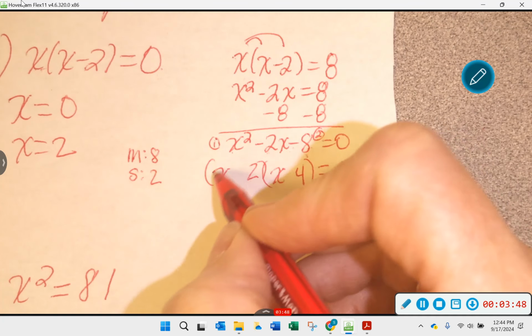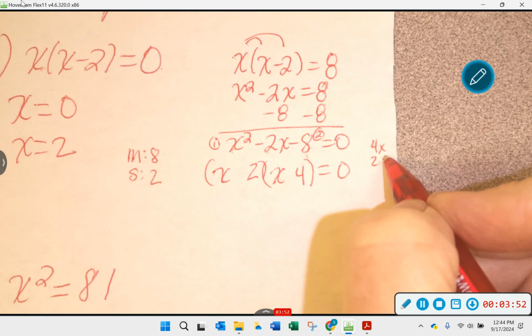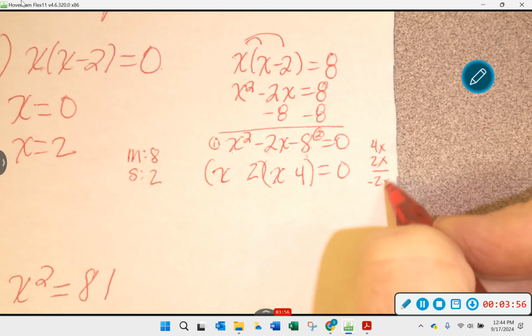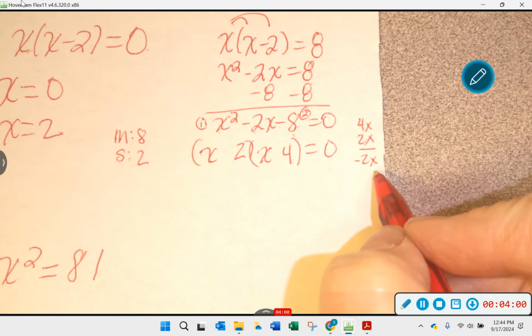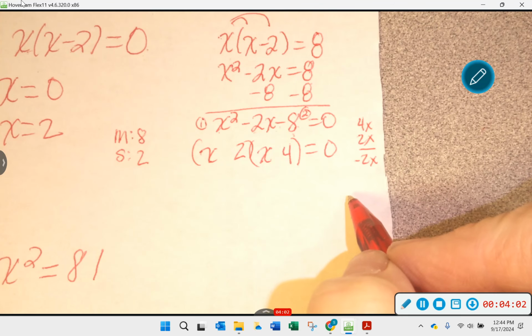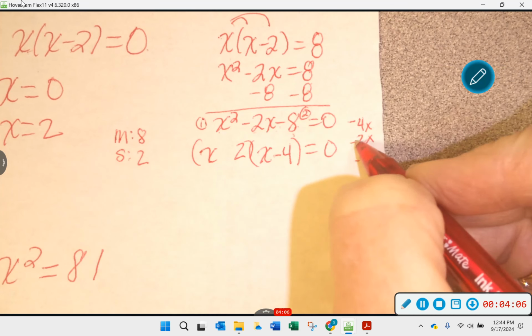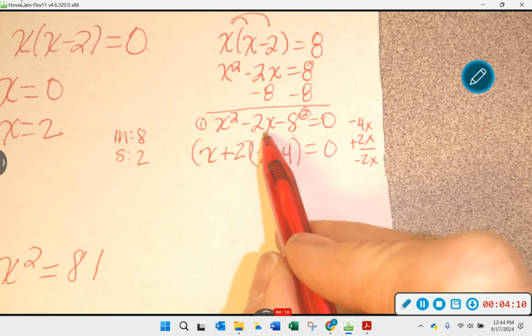And in fact, when I check the outers, I get a 4x. The inners, I get a 2x. And I want those outers and inners to combine to give me a negative 2x. So how do I need the signs to go in order to get a negative 2x? A negative 4 and a positive 2, right? So that's going to be how that factors.